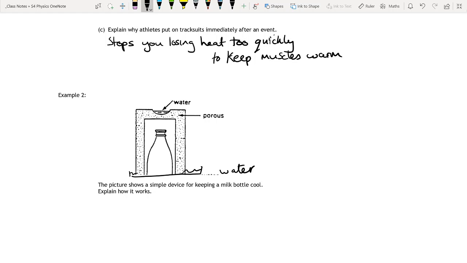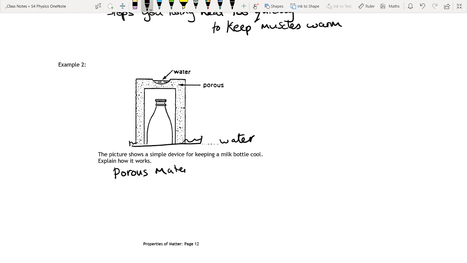So the porous material absorbs the water. It's like a sponge. It takes in water.